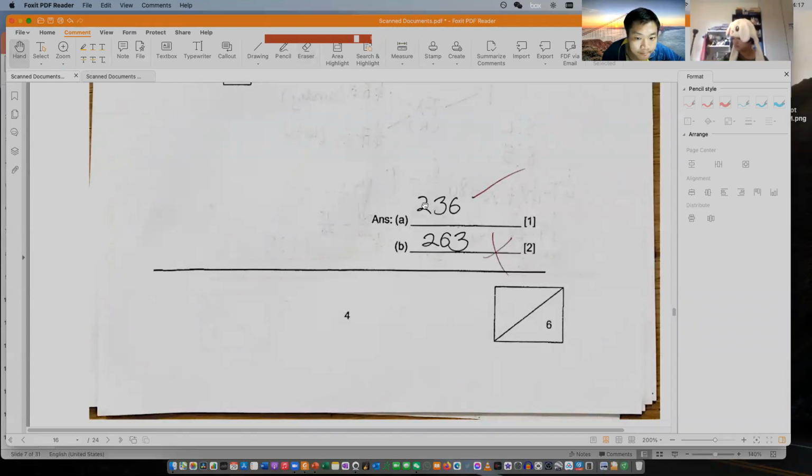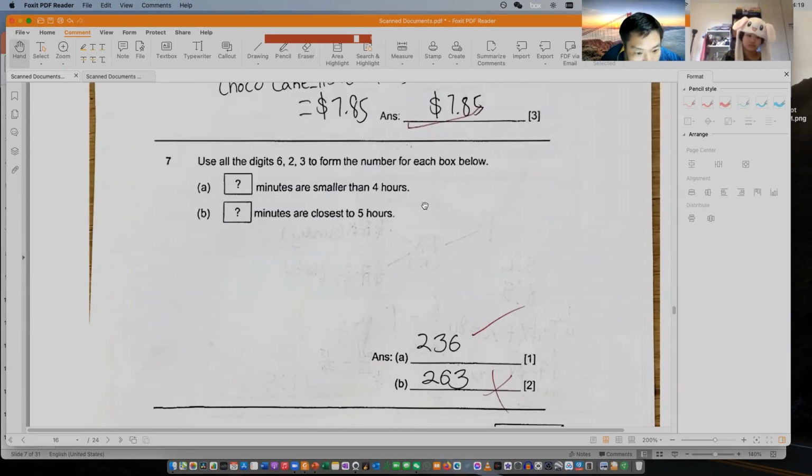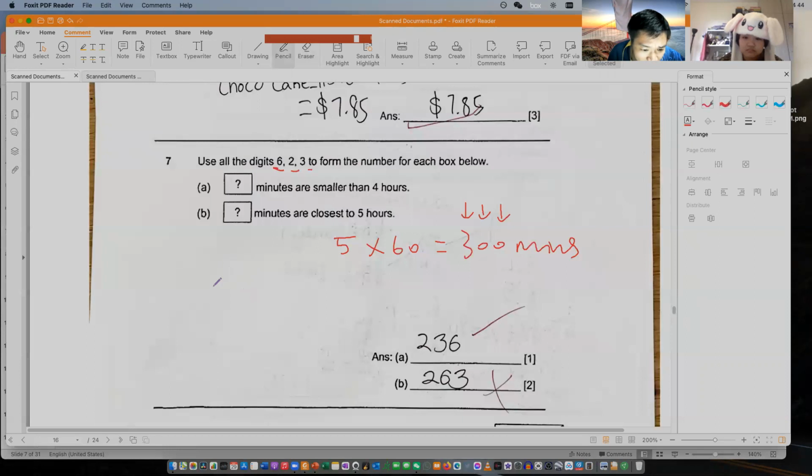Okay, let's come back to this. It says use all digits to form minutes closest to 5 hours. So you just figure out what's 5 hours. 5 times 60, so it's 300 minutes. So you have 623. So you need to get close to 300. So 300 is where you need to get close.